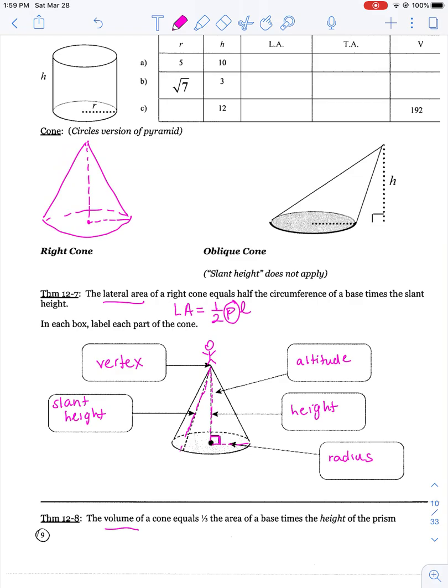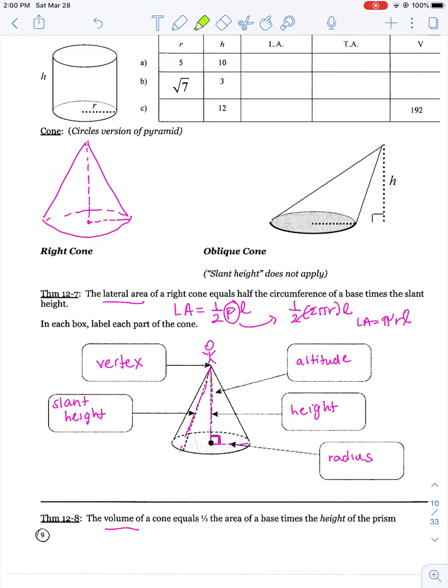The base of a right cone is a circle, and the perimeter of a circle is the circumference. So we substitute and get one half times 2 pi r times the slant height, L. If we reduce, the one half and the 2 reduce to 1, so our lateral area formula is equal to pi r L.